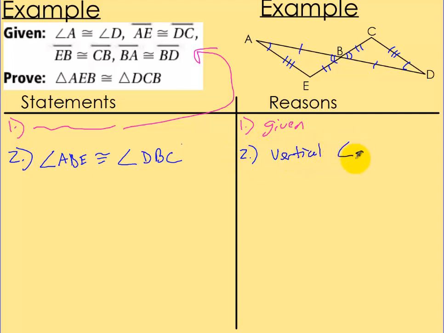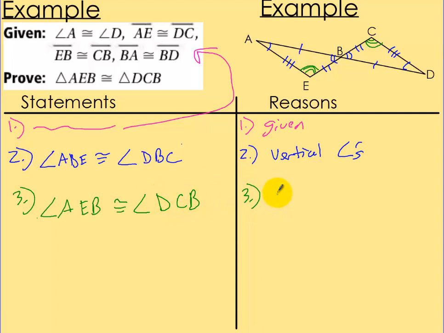Now step number 3. I have to get that last angle. But since I know 2 of the angles, I know this third angle has only one option. So I can say angle AEB is congruent with angle DCB. Why can I say that?